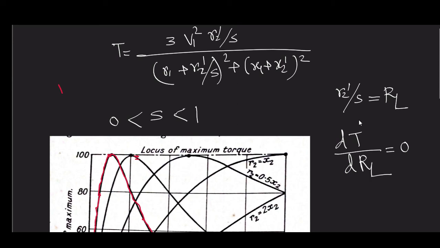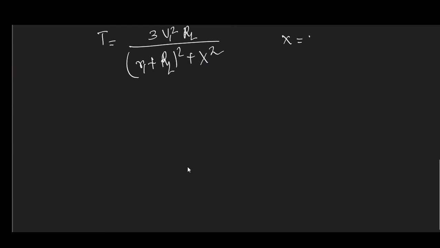So the modified torque expression in terms of RL will be 3V1 square RL divided by (R1 plus RL) whole square plus X whole square, where X is equal to X1 plus X2.